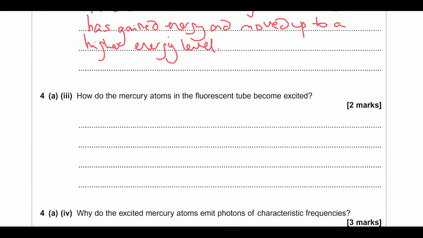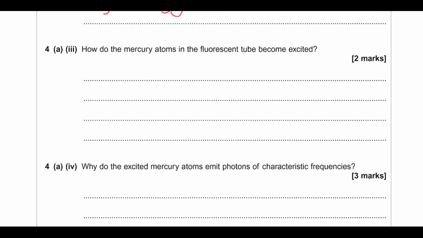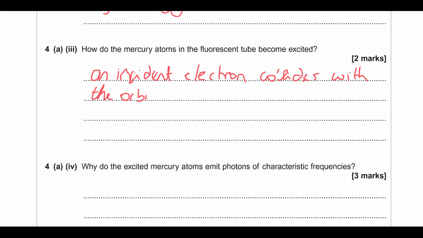How do they actually become excited? This is excitation due to electron collision. So an incident electron collides with the orbital electron and it transfers its kinetic energy to it.